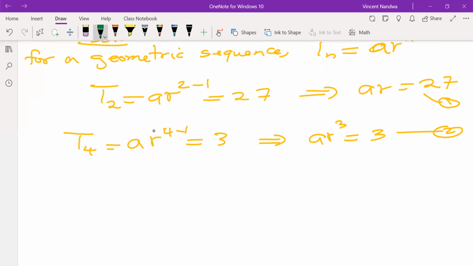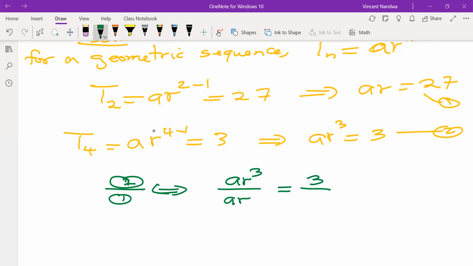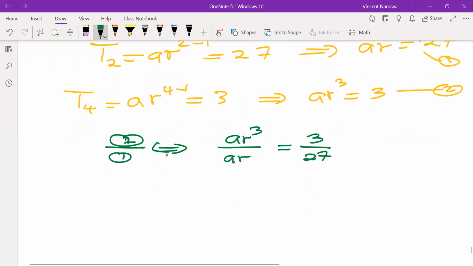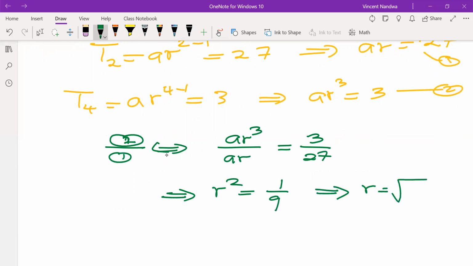Now, if I say equation 2 divided by equation 1, I'll have a r cubed over a r equals 3 over 27. And clearly, a cancels, so we'll have r squared equals 1 over 9, which means r will be the square root of 1 over 9. So r is plus or minus a third.